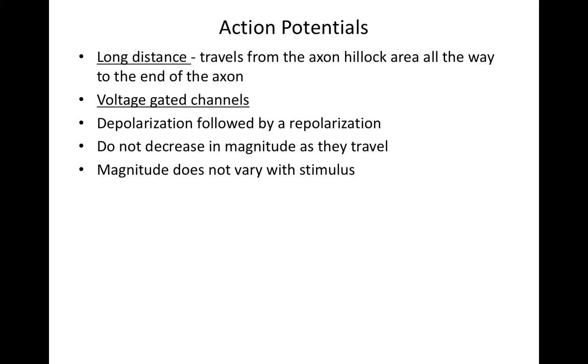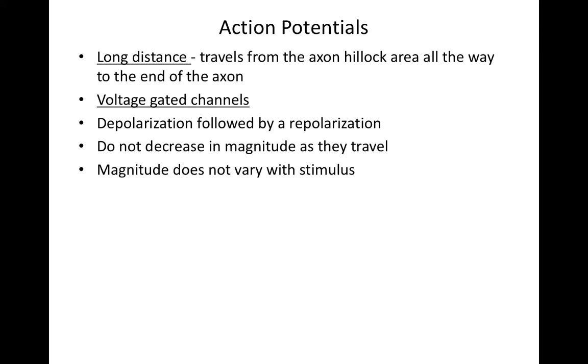Okay, now that we've got all of that situated and we understand where our ligand-gated channels are, where voltage-gated channels are, how opening potassium, sodium, and chloride channels are going to affect potential, what threshold is, all of that stuff, now we're going to move into what happens with an action potential. So these are going to be long distance signals.